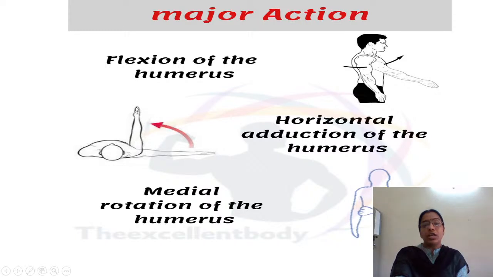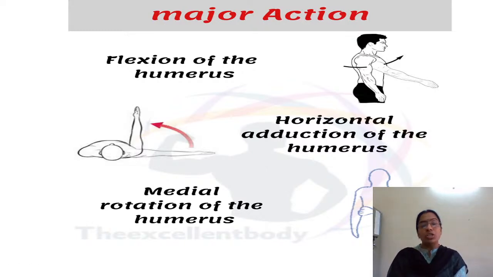So the major actions are flexion, adduction and medial rotation of the humerus, done by the pectoralis major, with the clavicular head and the costal fibers responsible for these actions.